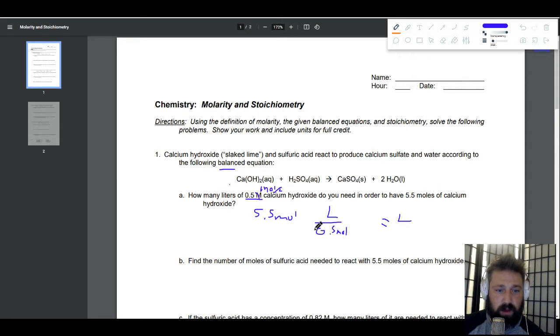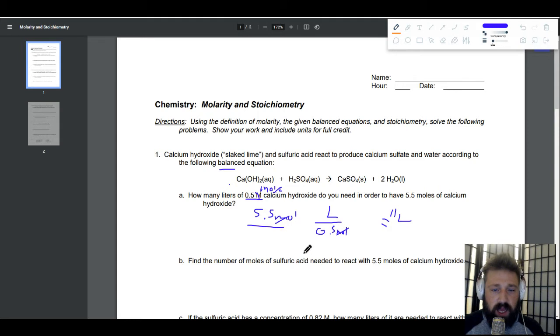Flip that. We have moles here, so moles cancel, and we're left with liters. So 5.5 divided by 0.5 is going to give us 11 liters.